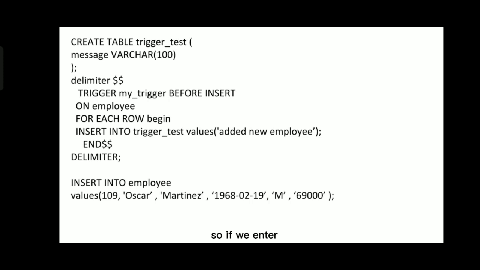If we enter this information into our database, the database will read the attributes of our registered employee and then make a message response, added new employee. This is where the trigger is implied to have a response that the employee is being registered while having the personal information registered.